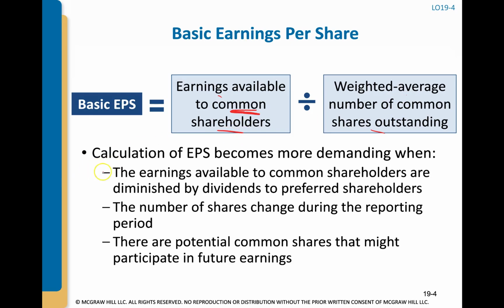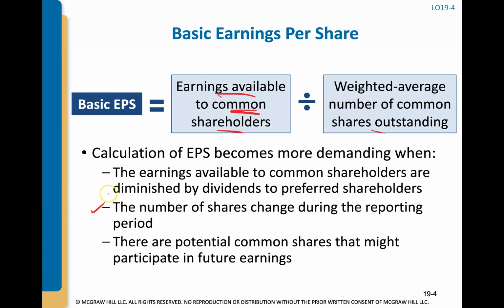Now, so the EPS, earnings per share, the numerator is the earnings available to common shareholders, but there's times, and it becomes more intricate of a calculation when there's preferred shareholders and they get dividends, right? Because they get their dividends first and it's going to come out of the earnings.